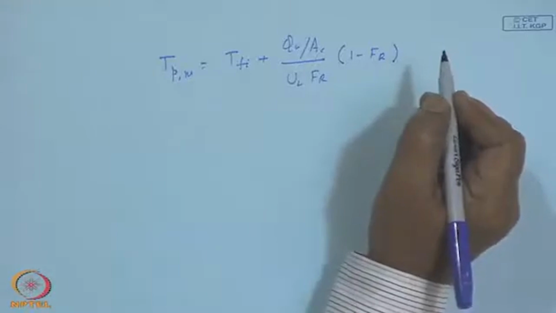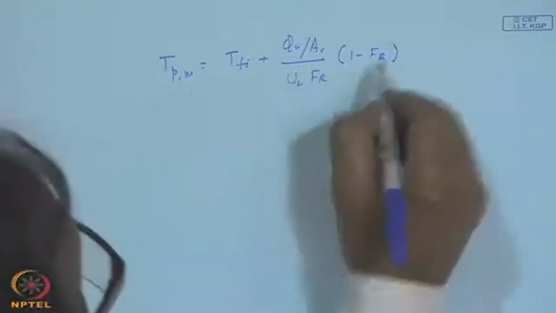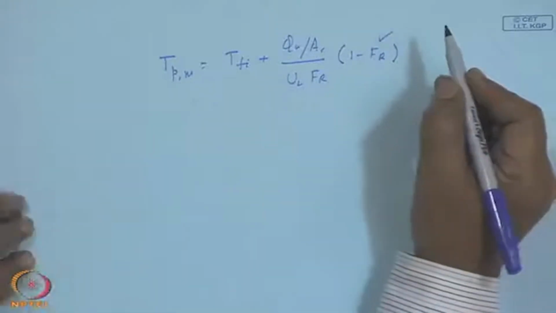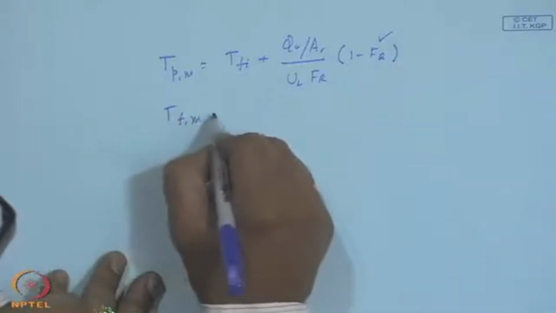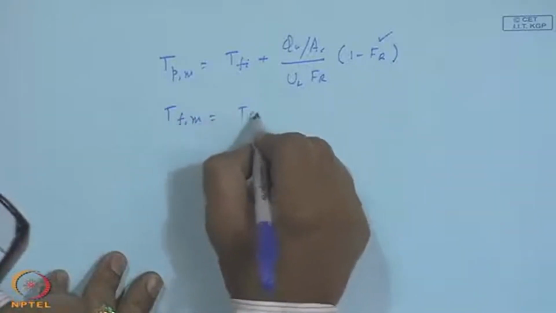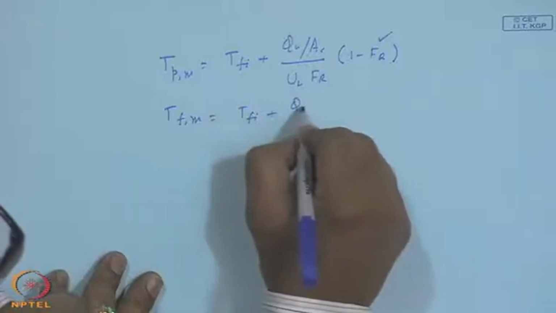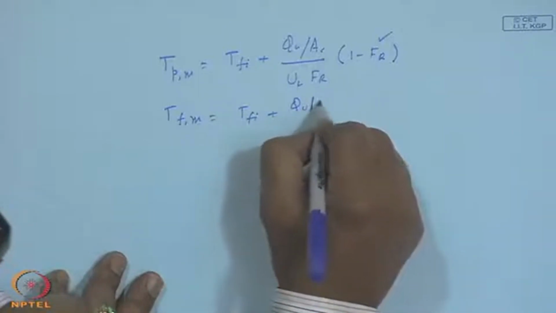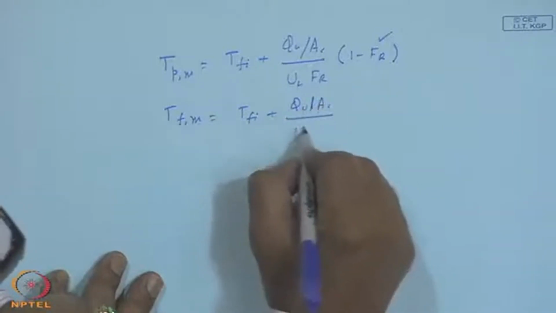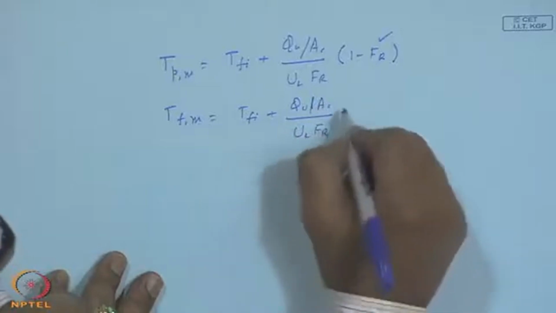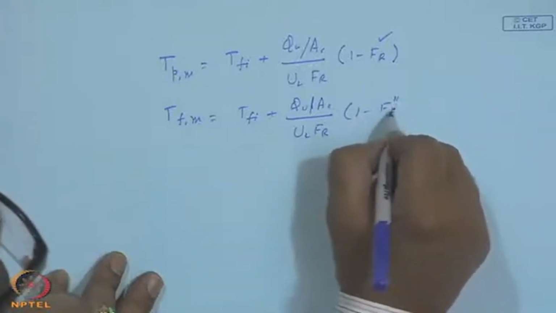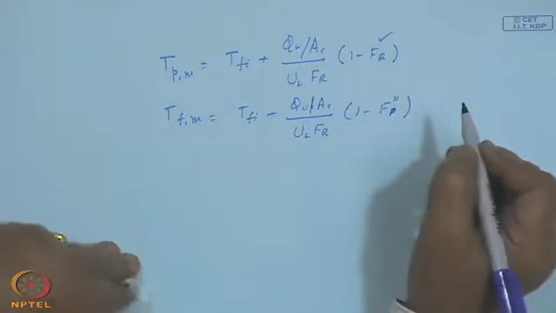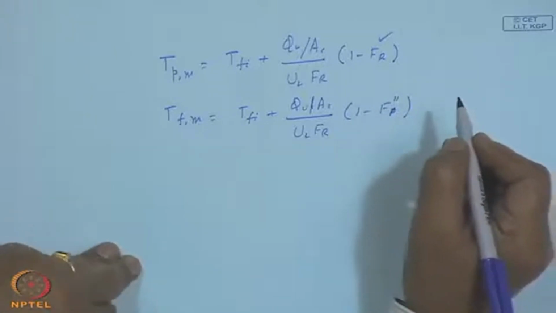So, we have got T P M related to the heat removal factor and T F M related to the flow factor. Okay.